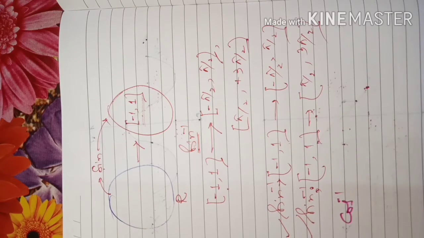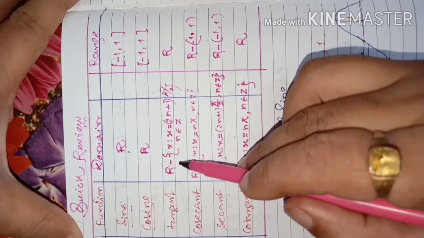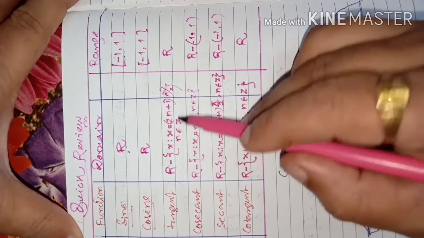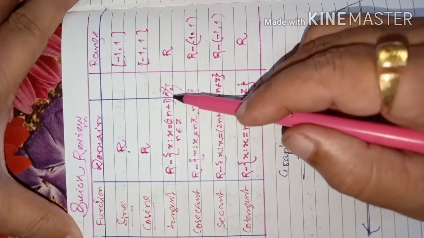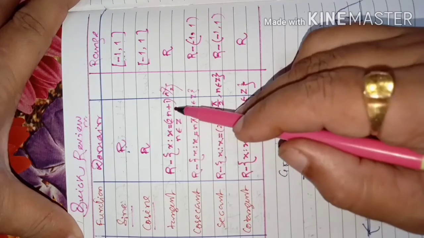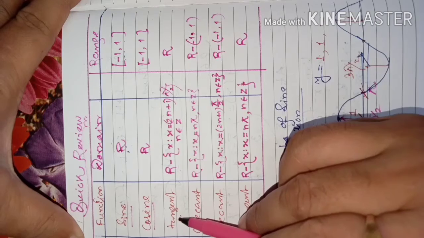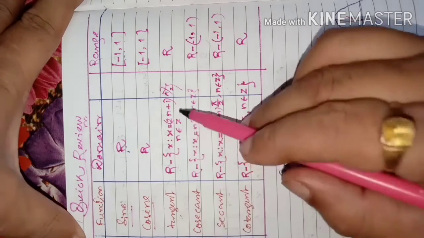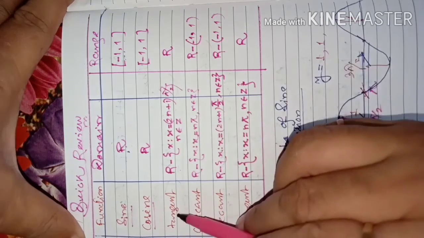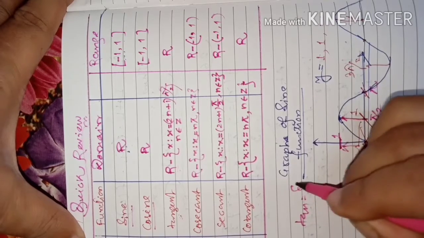Okay, so the tan function's domain is all real numbers except the odd multiples of pi by 2, because tan is the quotient of sine and cos. Cos is not defined at odd multiples of pi by 2, because tan is equal to sine by cos.